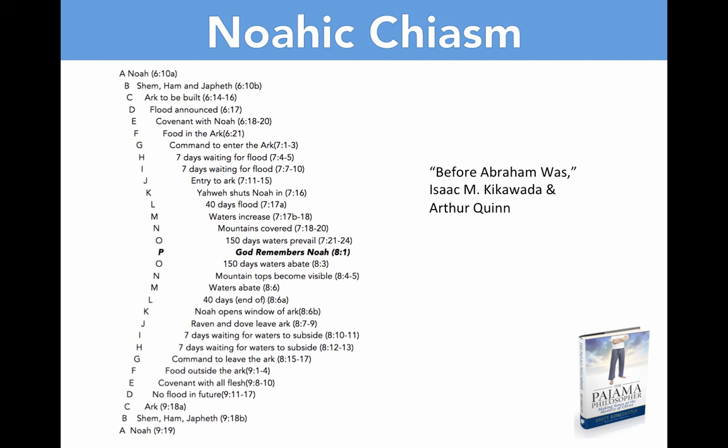But what you see is that through chapters 6 through 9, you have this very extended chiasm where the center of the chiasm is chapter 8, verse 1, where it says God remembers Noah.